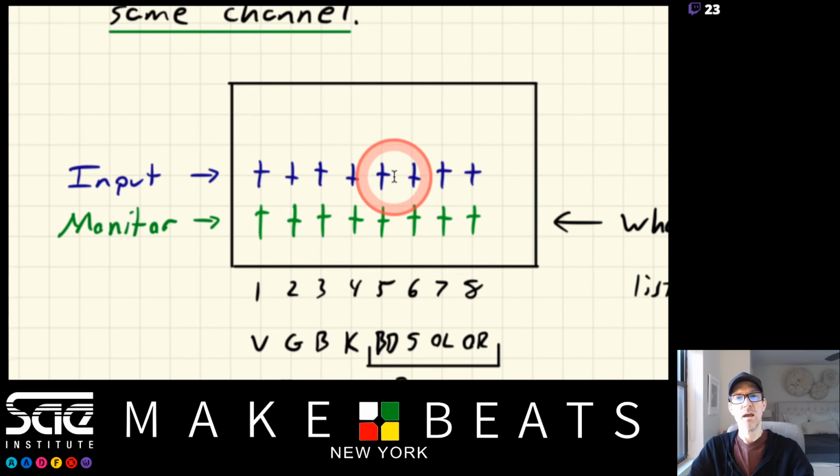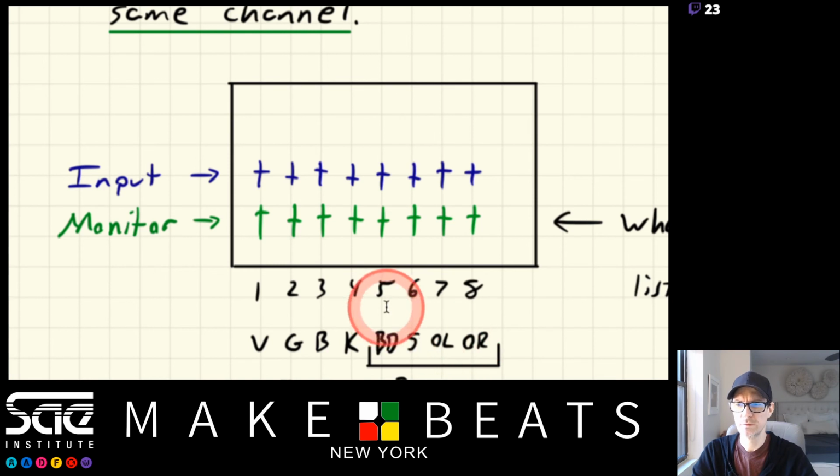So you've actually got a fader here and a fader here, and that's why it's called inline, because the input path and the monitor path are in line with each other. They're right on top of each other.